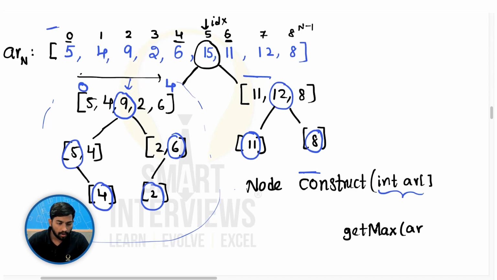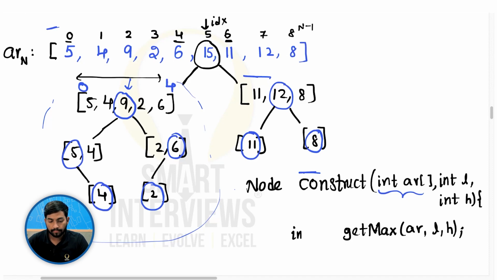So to keep track of the indices from which index to which index we should iterate, we pass two more parameters, let's say low and high. Low denotes where we should start iterating, high denotes where we should stop iterating. So getMax will take the array, the low, and the high. This gives us the index.